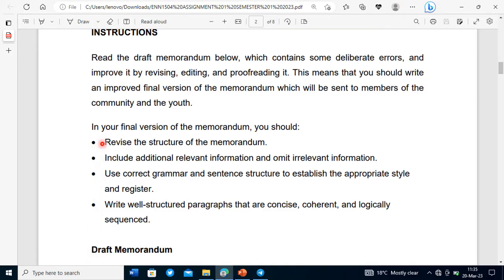And then it states that in your final version of the memorandum, you should revise the structure of the memorandum. As I have stated, the structure of the memorandum is very important. You should understand the structure of a memorandum. That's why I state that you should ask yourself these questions: what is a memorandum? What is the importance of a memorandum? What is the purpose of a memorandum? Why should we write memorandums in workplaces?